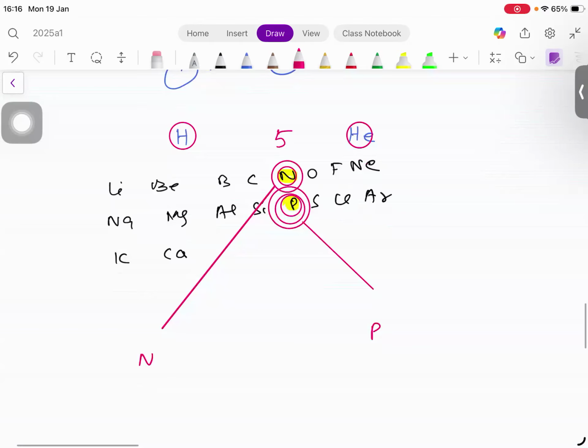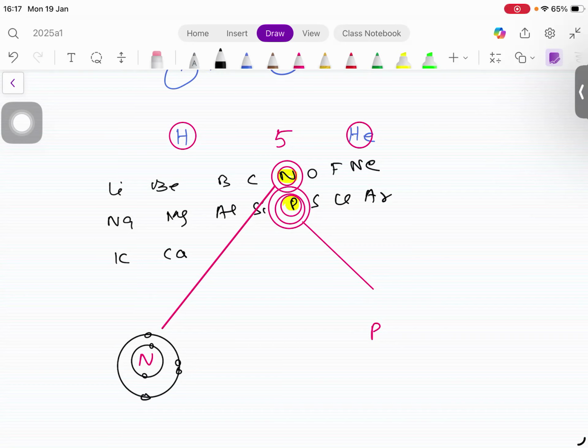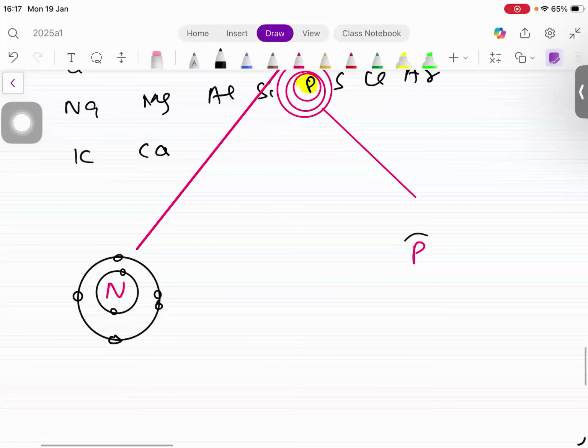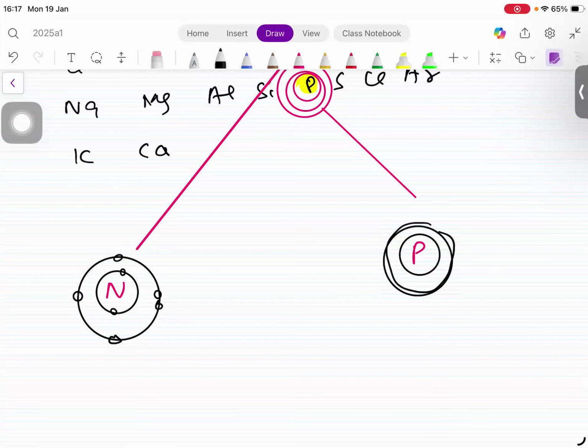If I draw the atom of nitrogen, the first shell has 2 electrons, the second shell has 5 electrons. If I draw an atom of phosphorus, as I told you, it has how many shells? 3.